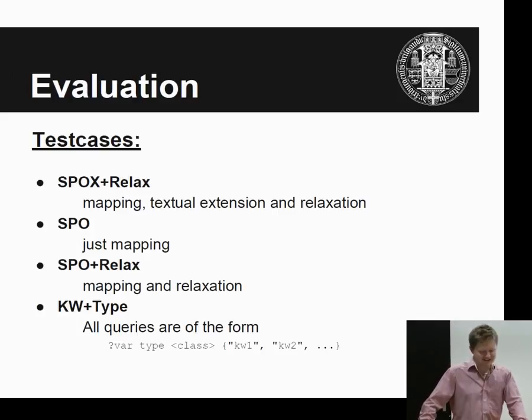They had these test cases: SPOX plus relax, which is actually mapping plus relaxation and extension all together; then just mapping, mapping and relaxation without textual extension; and at last they also tested queries where all queries have this form after extreme relaxation.